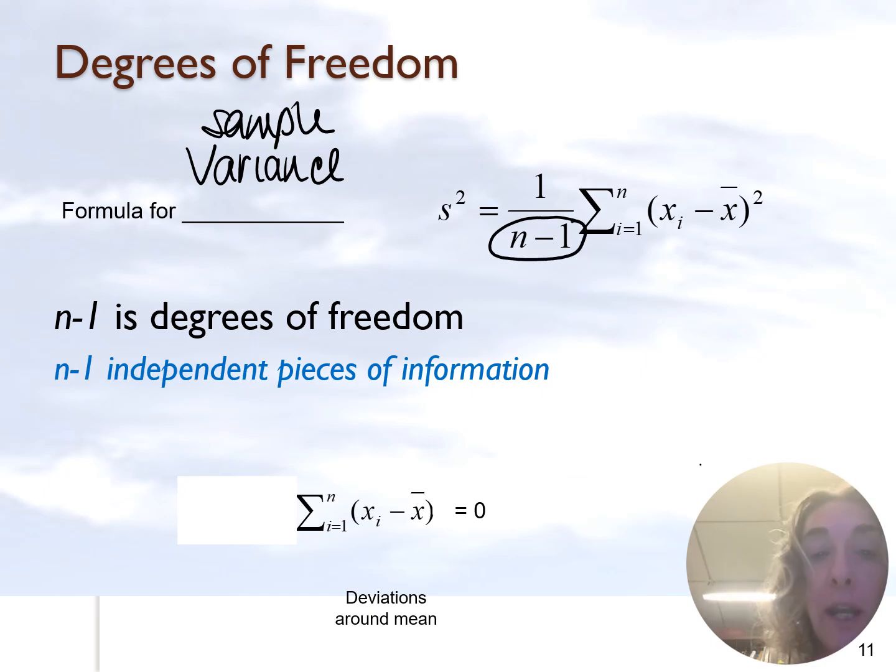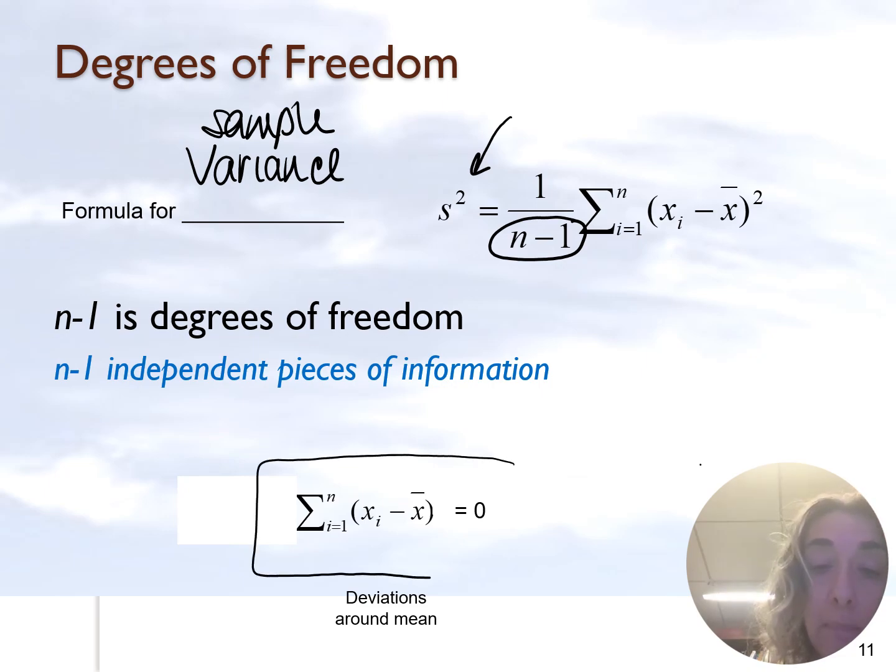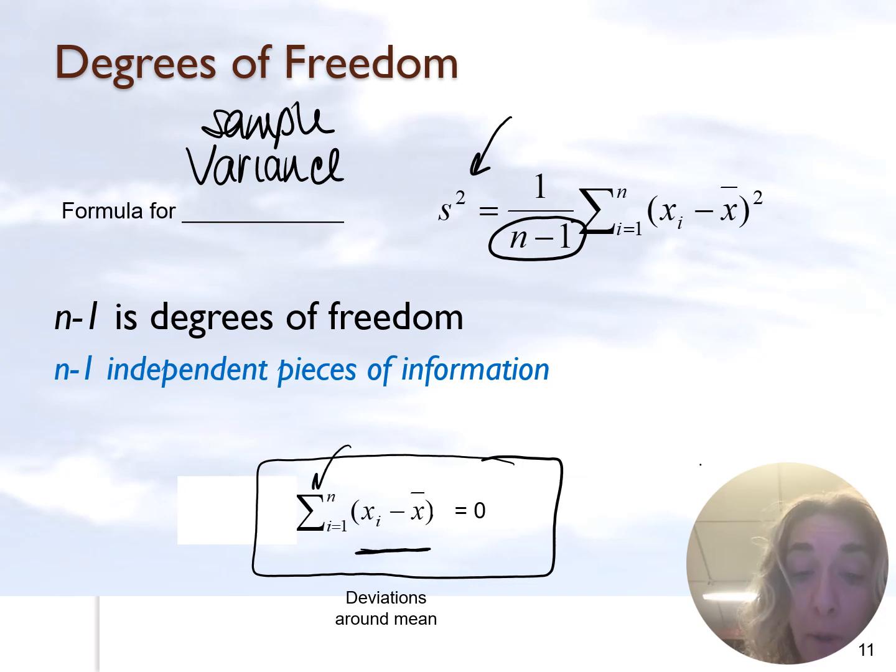The quantity in the denominator, n minus 1, is known as the degrees of freedom. Another way to say that is that there are n minus 1 independent pieces of information that go into calculating the sample variance. Okay, why n minus 1? It all comes down to this mathematical equality here that says that the sum of all of the deviations, or the sum of all of the differences between each data point and the mean, those deviations when summed must equal 0.